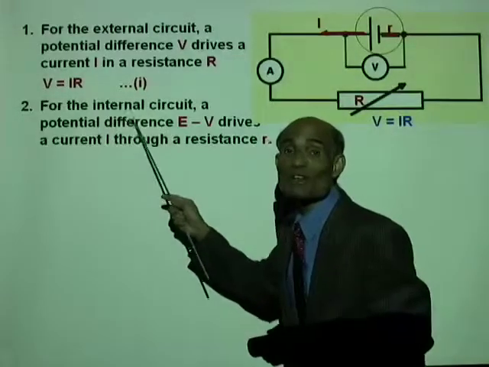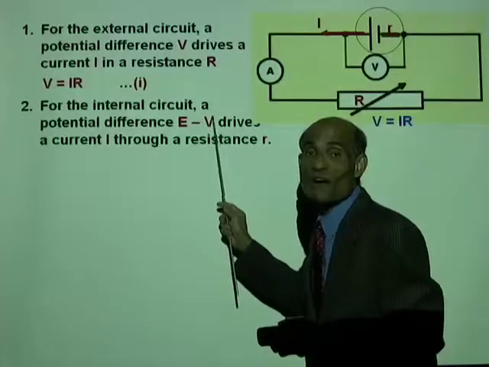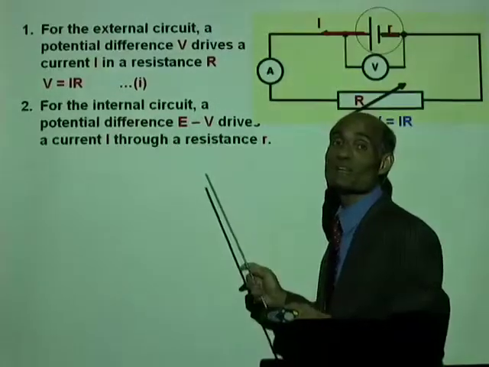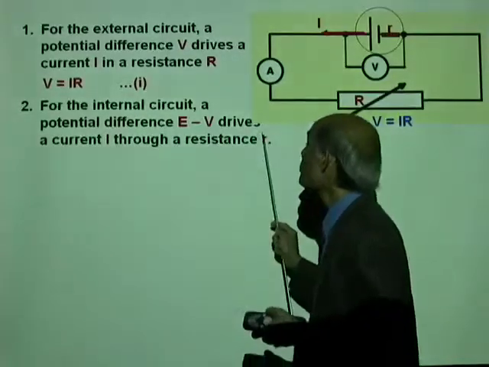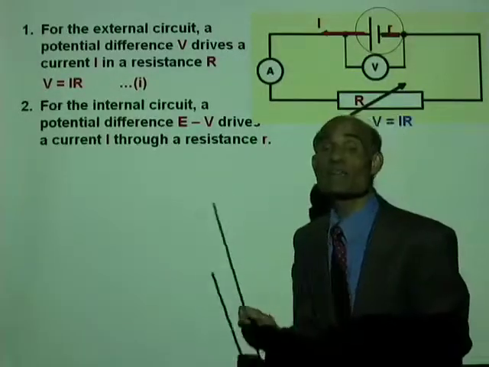For the internal circuit, the potential difference that drives current internally is this E minus V. That will drive a current I through this internal resistance r. And what will be that equation?